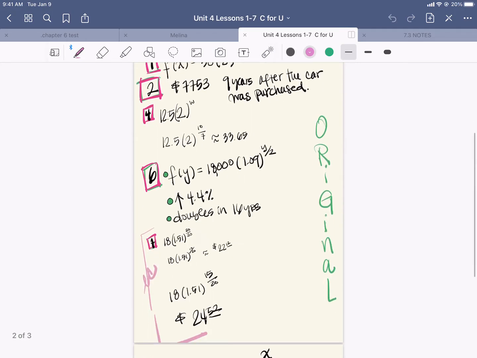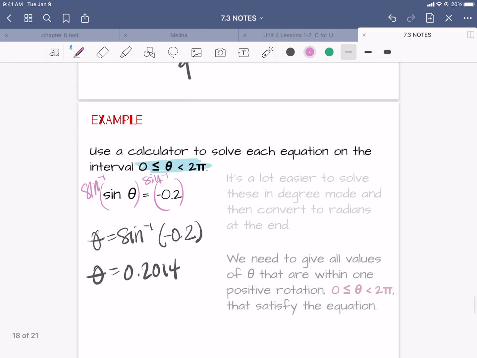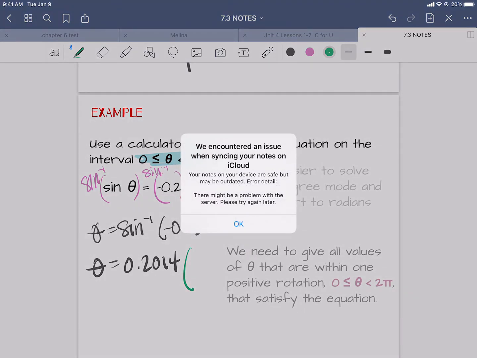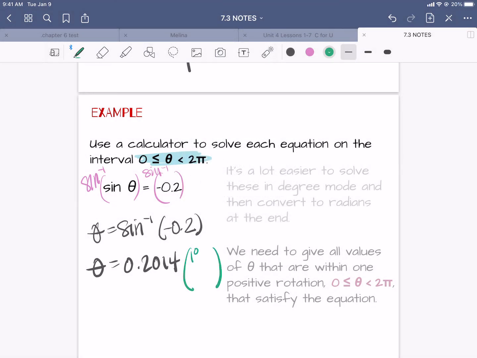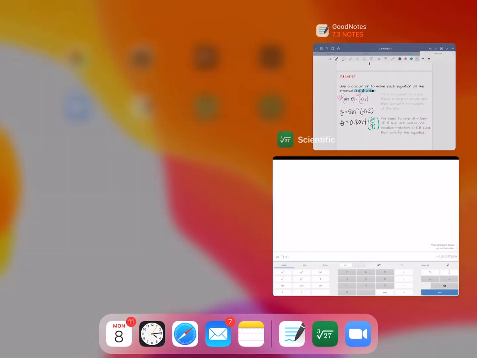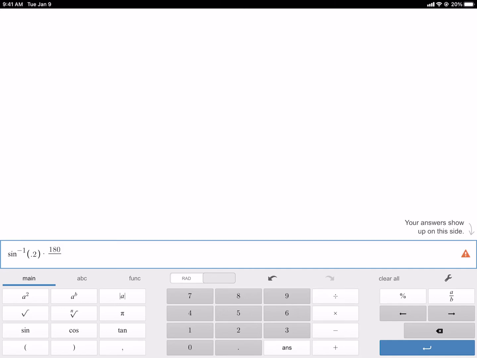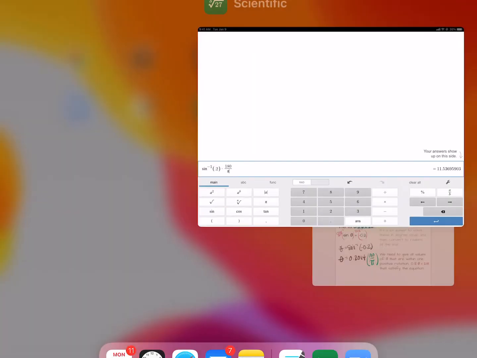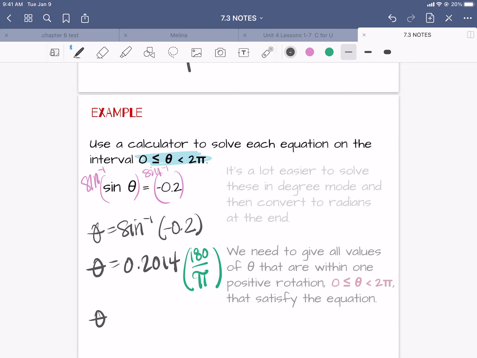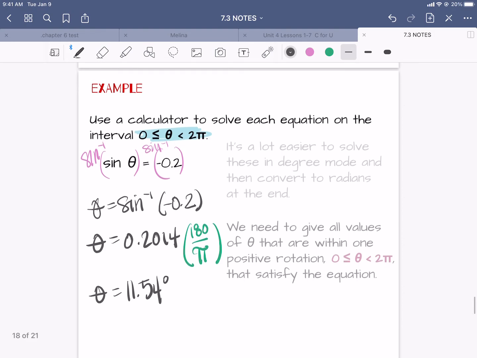So now I'm going to multiply my decimal value by 180 over pi, because that's the ratio we use when we do the conversion to degrees. So 180 over pi. And I get 11.54. So theta is equal to 11.54 degrees.